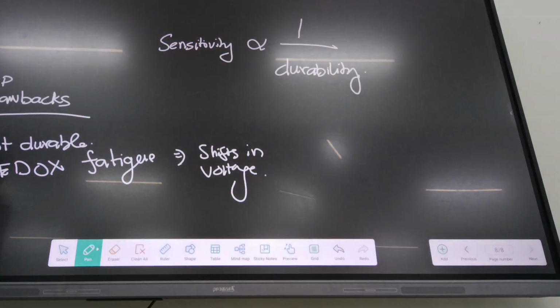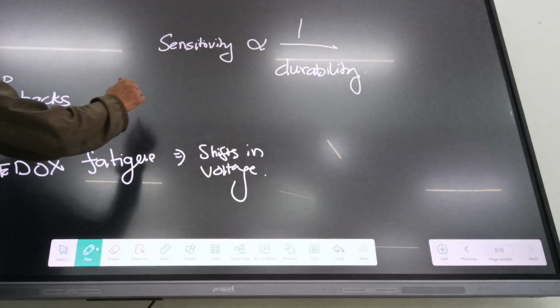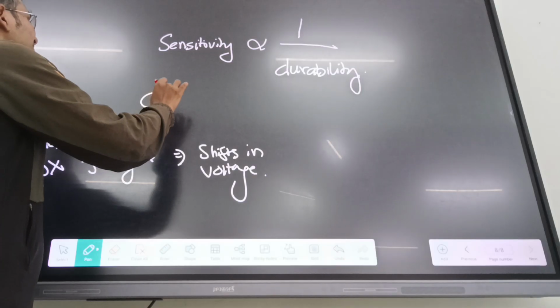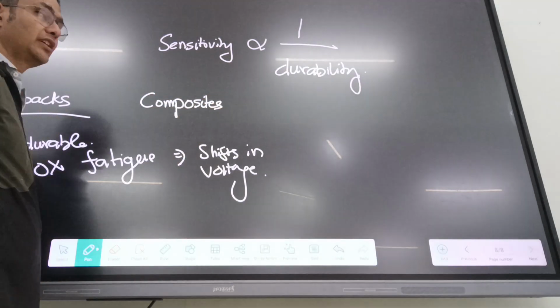Okay. So that is why people are making composites with conducting polymers.